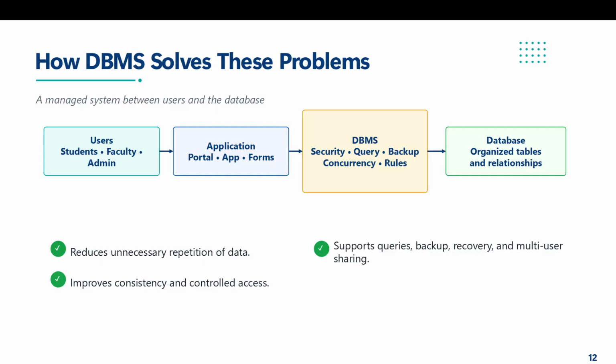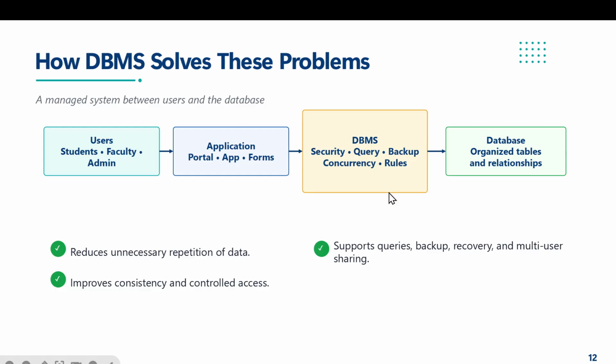Now, let us see how DBMS solves these problems. In DBMS, users do not directly handle separate files. Usually, users access the data through an application like a portal, a mobile app, or a form. The application sends the request to the DBMS.